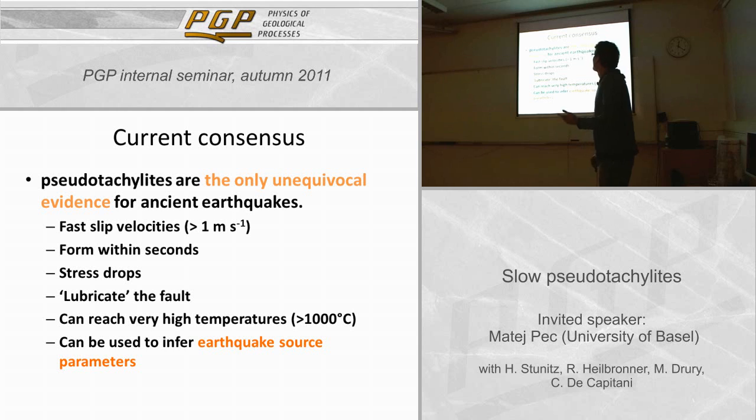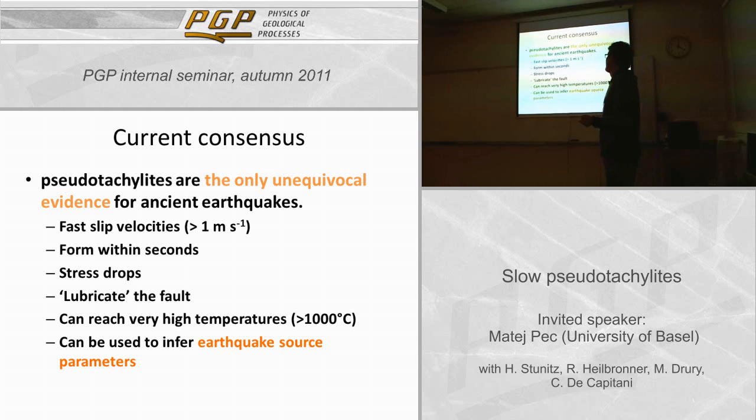However, the current consensus today is that pseudotachylites are the only unequivocal evidence for ancient earthquakes. This implies that they form at fast slip velocities, higher than 1 meter per second, which is a typical seismic speed. They form within seconds, so it's basically an adiabatic process. If an earthquake occurs, a stress drop is also observed that radiates seismic waves.